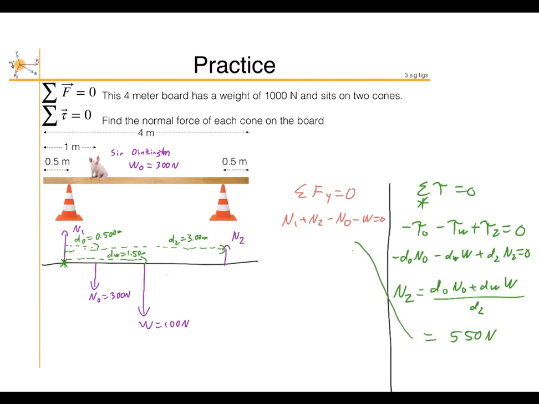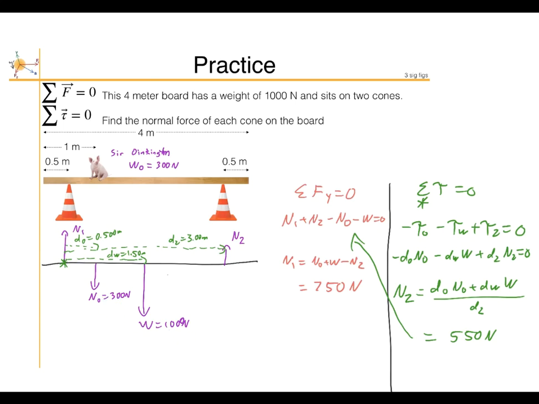Plugging that in to get N1, I solve for N1 as NO plus the weight minus N2, and I get 750 newtons. Does this make sense? 750 plus 550 is 1,300 newtons upwards. The total force downwards is 300 plus 1,000, so that's also 1,300 downwards. So this works out.